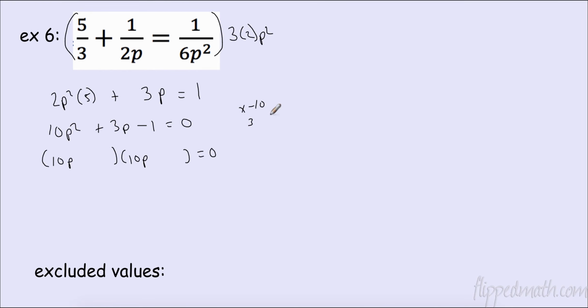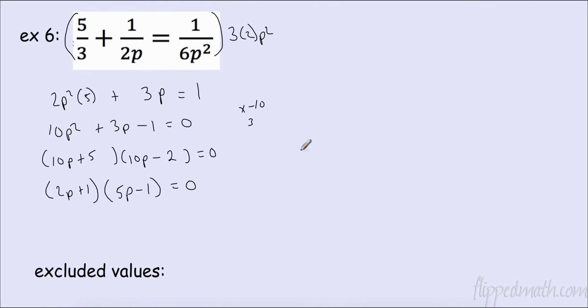So two numbers that multiply to negative 10 and add to 3 would be positive 5 and negative 2. I have a common factor of 5 here. Divide both by 5, I get 2p plus 1. Over here, I have a common factor of 2, so then I have 5p minus 1 equals 0.